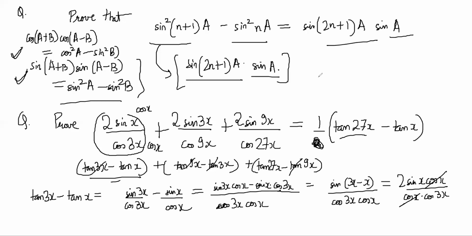So every term here I will multiply and divide by cos 3x, and here I will multiply and divide by cos 9x. So this will become sine of 6x, which is equal to sine of (9x minus 3x). And that becomes, when you split it apart, tan 9x minus tan 3x.